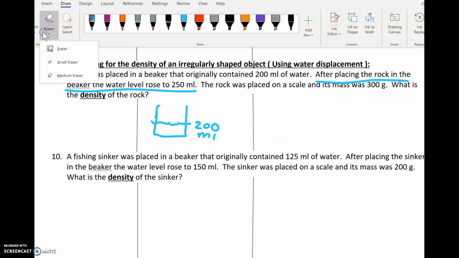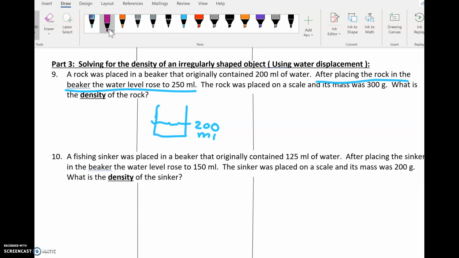Now my new volume from 200, it went up right here when there was a rock. Okay, so this is at 250. It's showing 250 on my graduated cylinder, or my beaker.